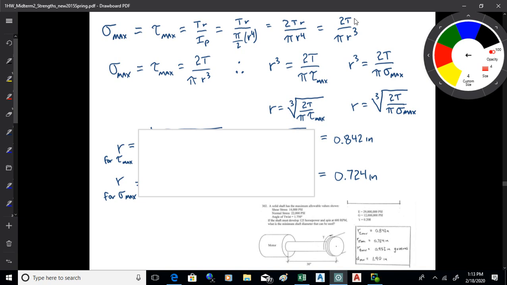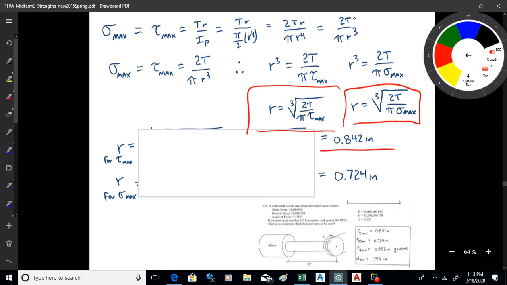So if you take TR over I, that reduces down to 2T over pi R^3. Solve it for R, you get the third root of 2 times the torsion over pi times either sigma max or tau max, okay? And you've got all those things. You've got the torsion, you just found the torsion that's applied, you've got sigma max and tau max. You can plug that in and you'll find these different required shaft radii.